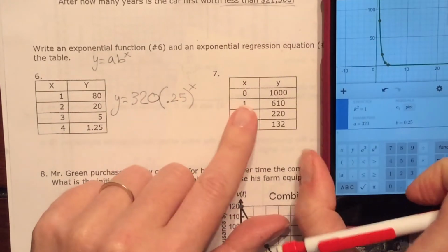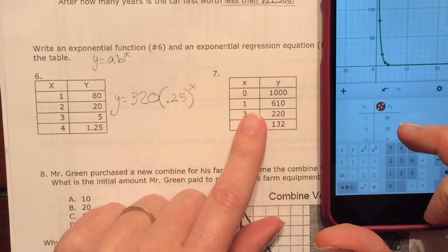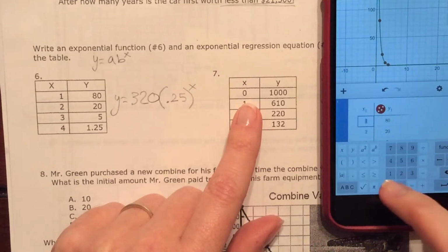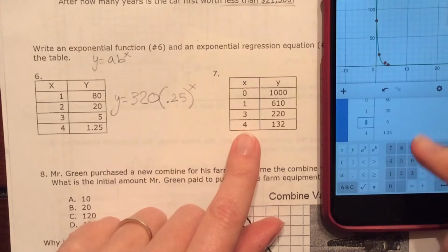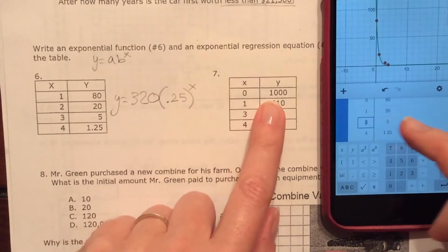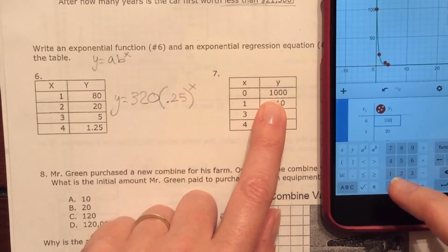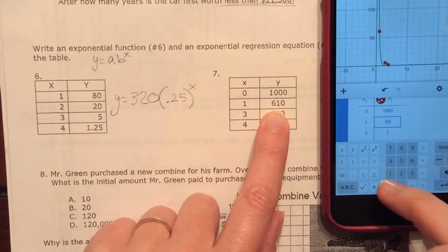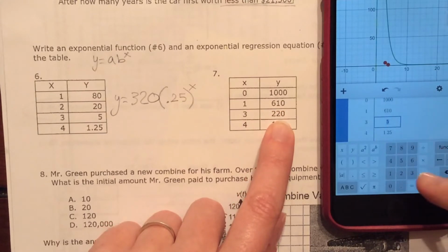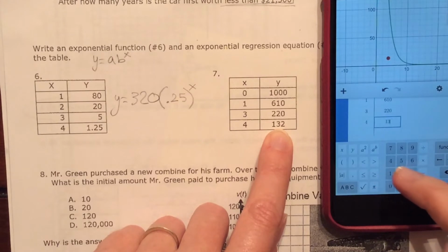You're going to do the same thing for the next one, and we can just change our table so that it says 0, 1, 3, and 4. And then our values are 1,000, and then we have 610, 220, and 132.